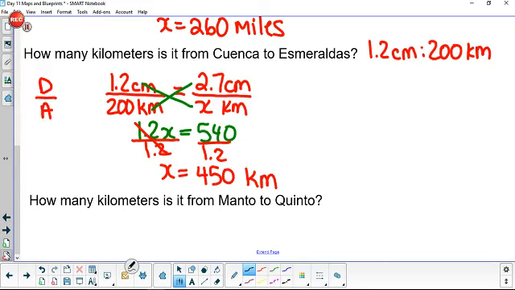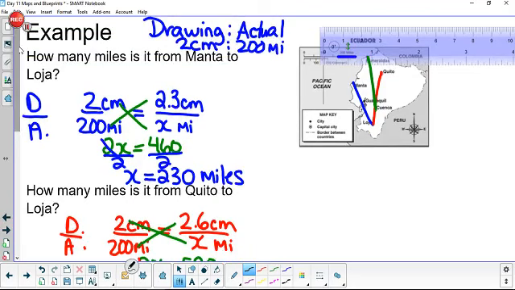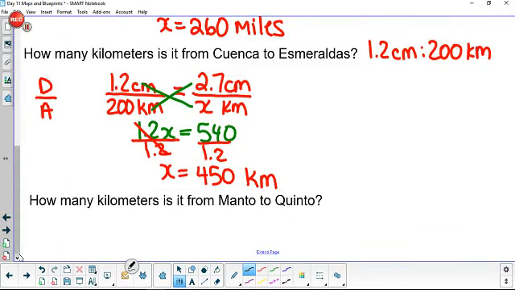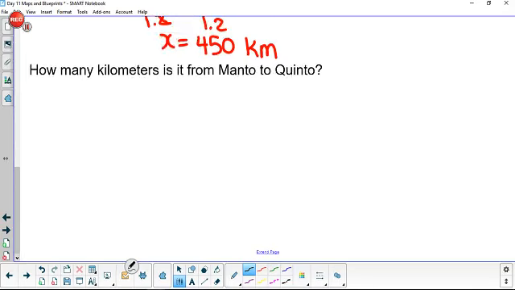And the last one we're going to do is the same thing from Manta to Quito. So you go back up, Manta to Quito. You take your ruler and you determine how many centimeters that distance is. You are going to find out it's 1.6 centimeters. So remember, drawing to actual. On the drawing, it was 1.2 centimeters for 200 kilometers.